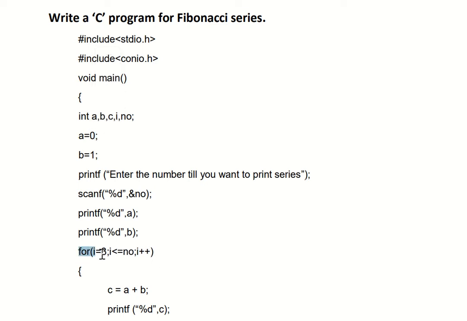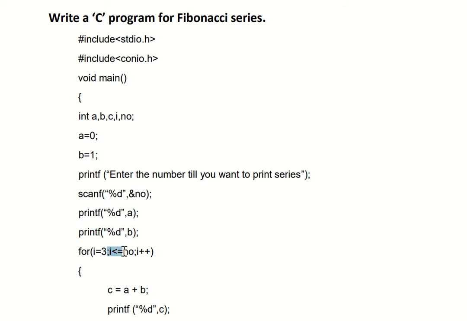So for that we have used for loop, and we are writing also i equal to 3 because we are done with first and second number. That is this thing, first and second number is nothing but 0 and 1. So it has to start with the third number, that is i equal to 3. Then i less than equal to number means here 5, so 3 less than equal to 5.